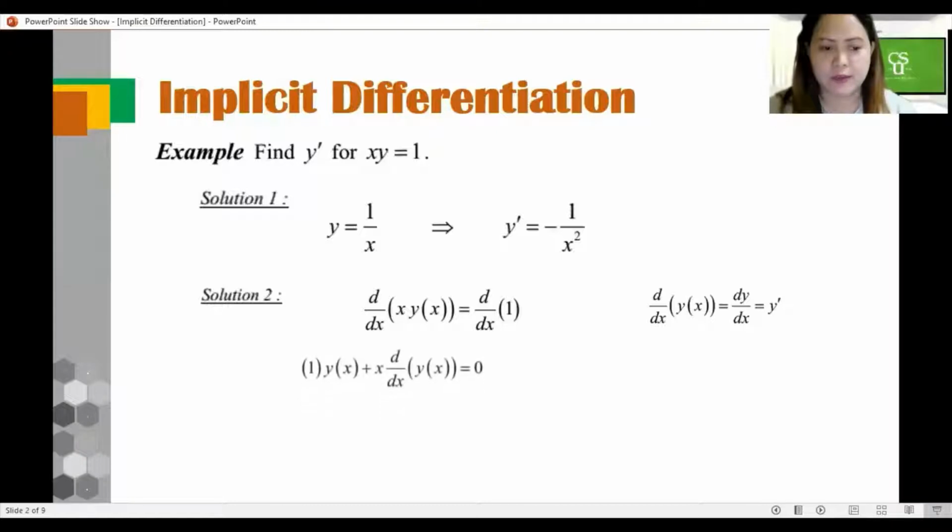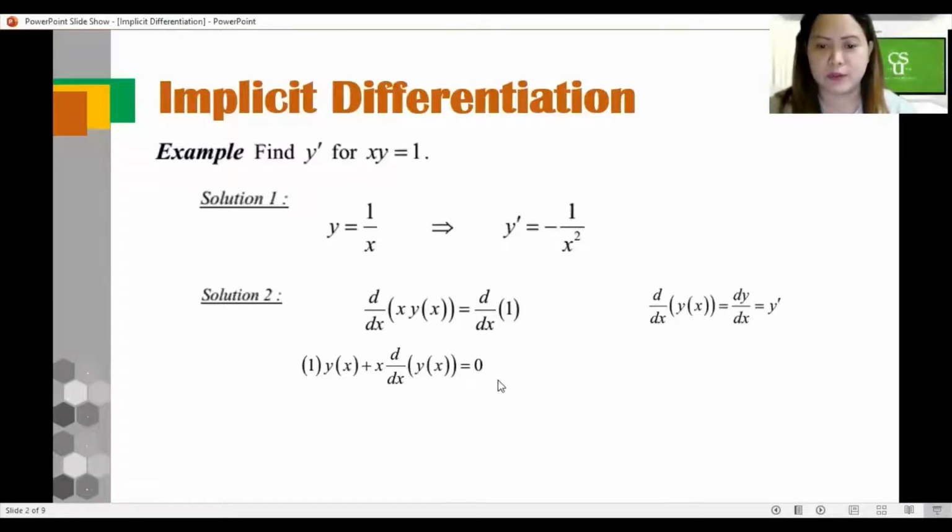For the product rule, we copy y of x, and then we take the derivative of x with respect to x, that is 1, plus x times the derivative of y of x with respect to x.